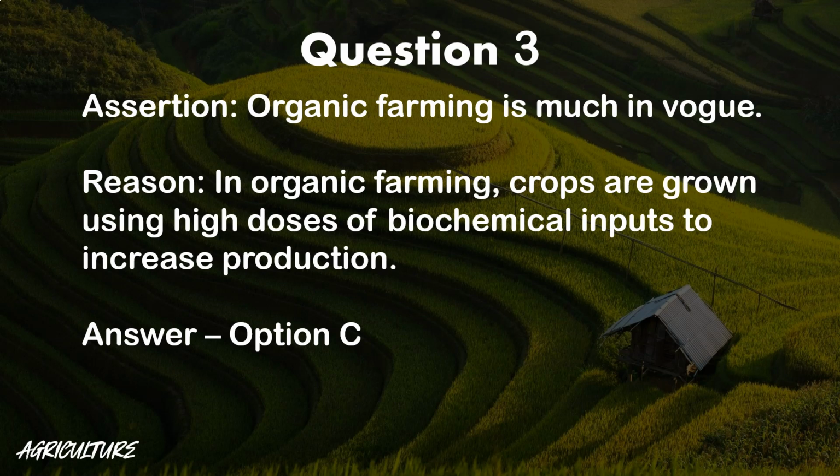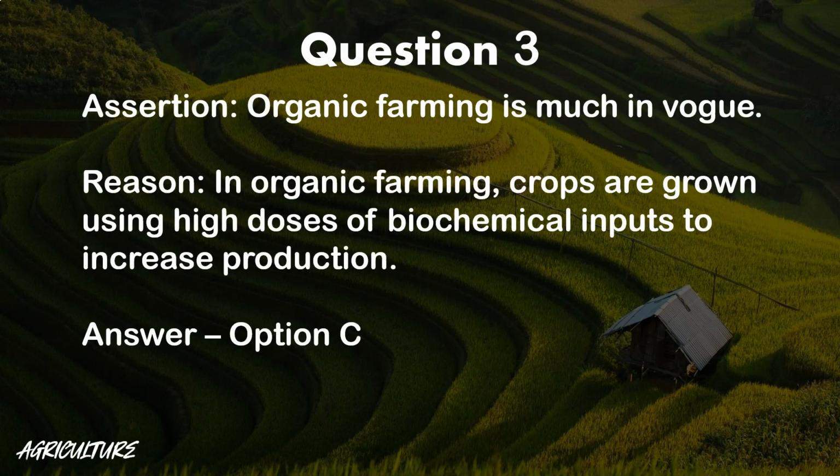Recent studies have shown that these biochemical inputs are degrading the environment. They're making the soil more alkaline, and they're also polluting the groundwater table. And most importantly, these biochemical inputs have potential harm to our human health, which is why organically farmed veggies and fruits are in much vogue, and they're very popular right now. It's also very expensive.